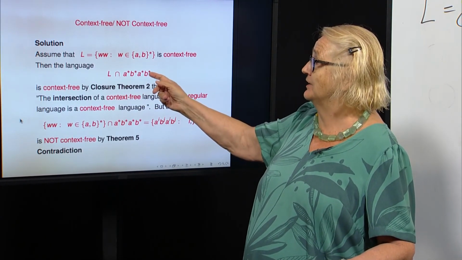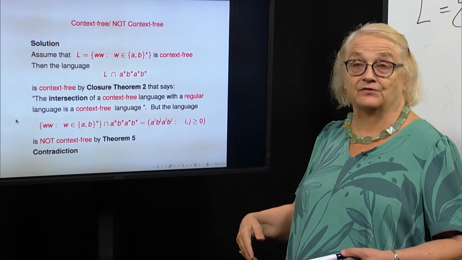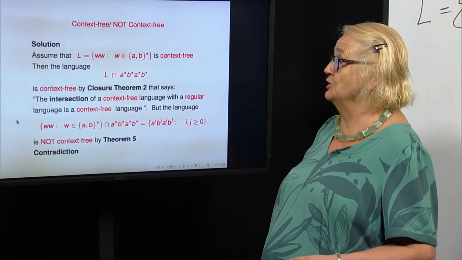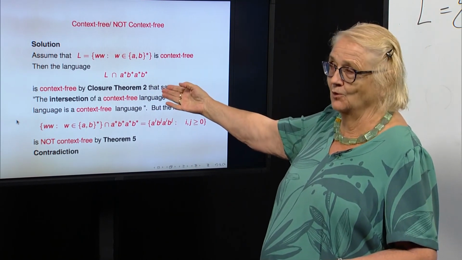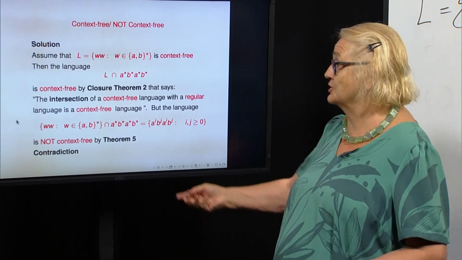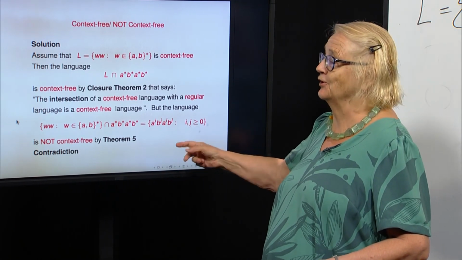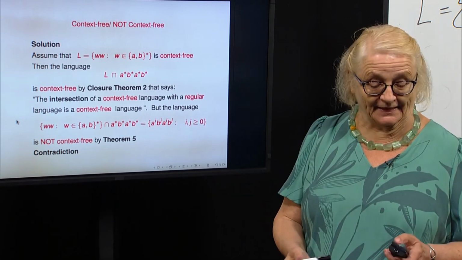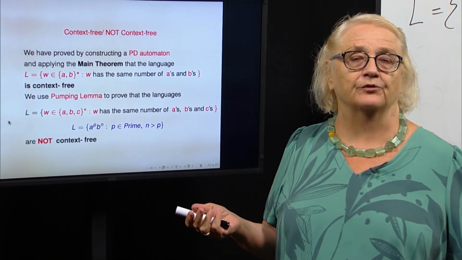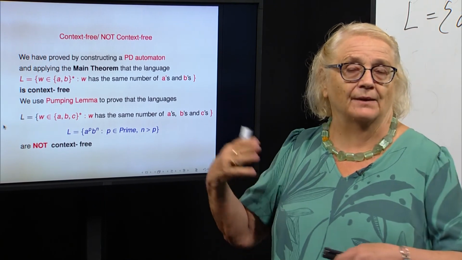You intersect that language, which you assume to be context-free, with a regular language, because we have closure under intersection of context-free and regular languages. When you intersect, you get a language which is not context-free, a contradiction. We did this type of proof already for regular languages.